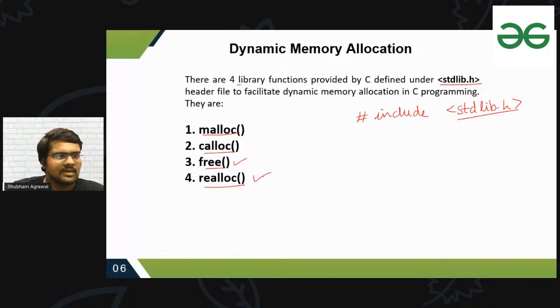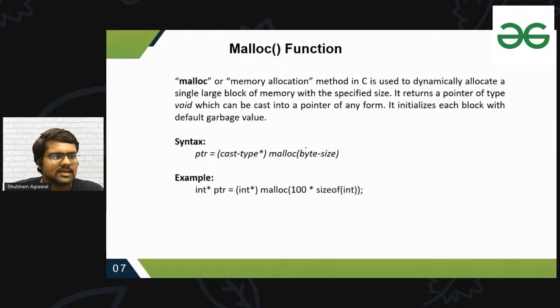The malloc function stands for memory allocation, and it is used to dynamically create a single large block of memory with the specified size. So here we have to specify the size. This memory is allocated in the heap section, because it is dynamically allocated.